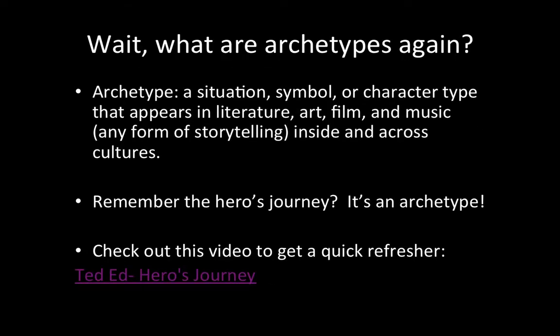Okay, I've brought up archetypes a few times in this presentation so far, and just to refresh your memory, archetypes are situations, symbols, or characters that appear in literature, film, TV, music, art, or any other type of storytelling inside and across cultures. One example that you learned about in the ninth grade is the hero's journey.